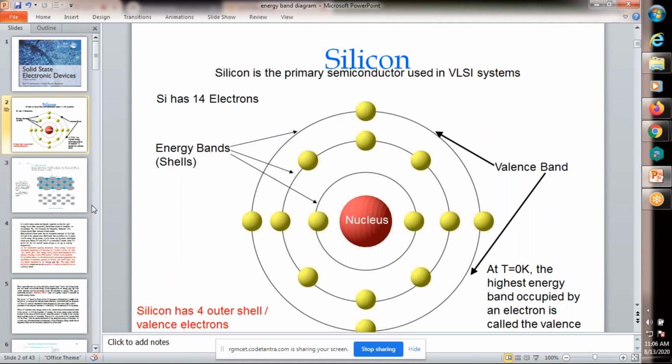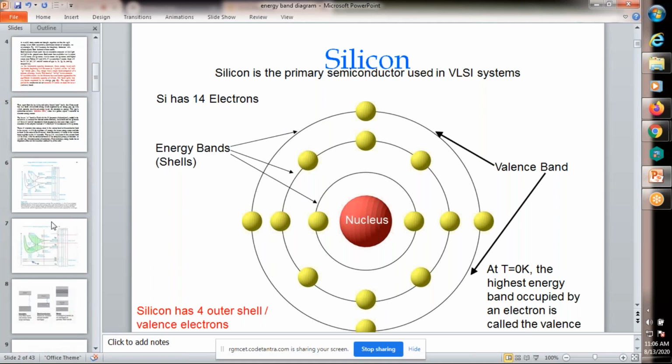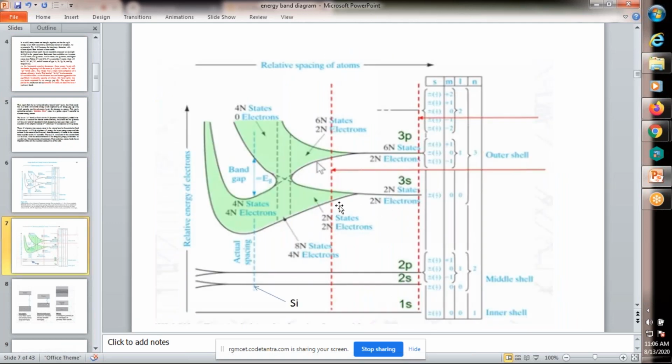Observe the x-axis, the relative spacing of atoms. If the spacing between atoms is large, these are discrete energy levels: 1s, 2s, 2p, 3s and 3p.